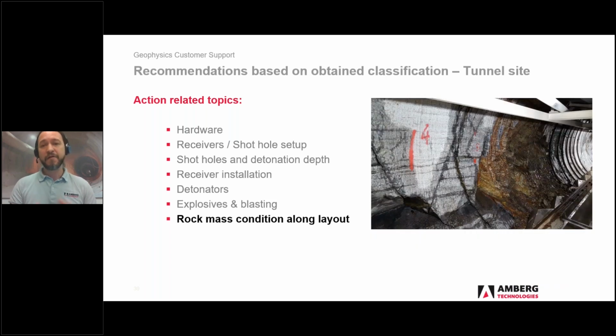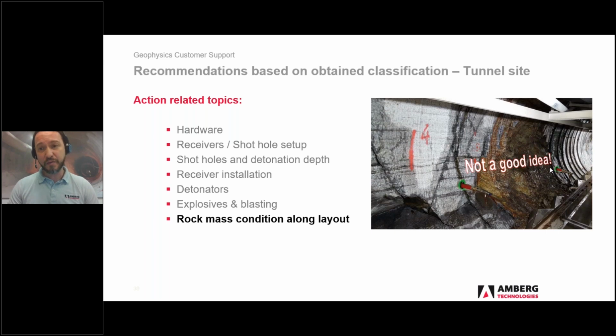Finally, I will talk about the rock mass condition very shortly. You see here a shear zone somewhere in the tunnel. Let's say the face is here, and we have some fractures here. To locate the receivers here will not be a good idea at all, because this will bend the travel path of the waves too much, and it will absorb a lot of energy.